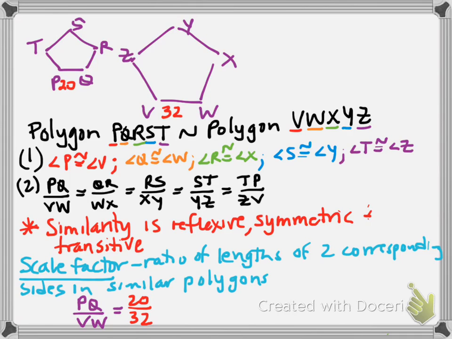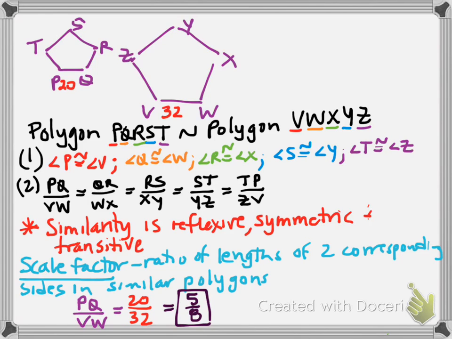And if I reduce that to lowest terms, and let's see, it looks like they have a 4 in common, I get the scale factor is 5 to 8. Now I'm going to give you an example in just a few minutes how we can use that scale factor to actually figure out missing lengths. So I do want to point out, let's go ahead, we'll get to that example and then show you something within that example.